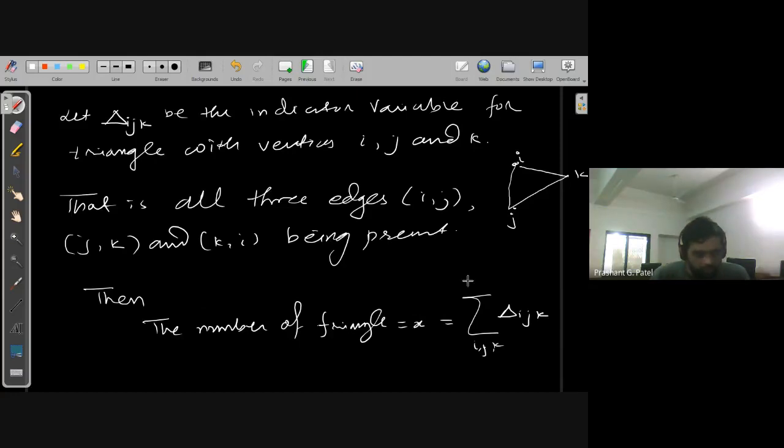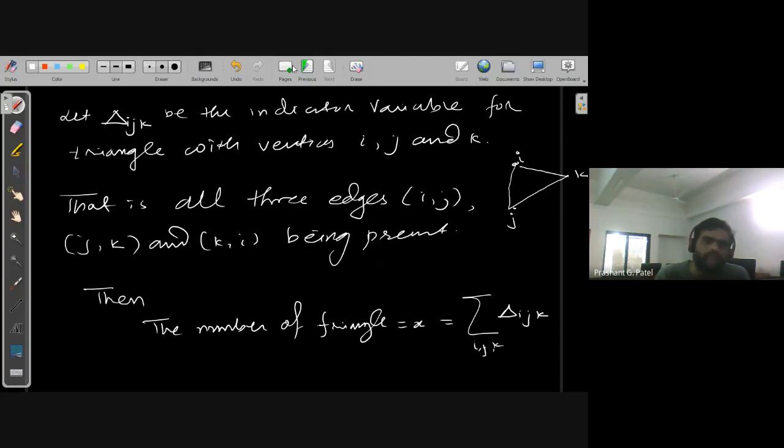And even though the existence of triangles is not statistically independent, linearity of expectation does not assume independence of the variables. The expected value of the random variable is the sum of the expected values.